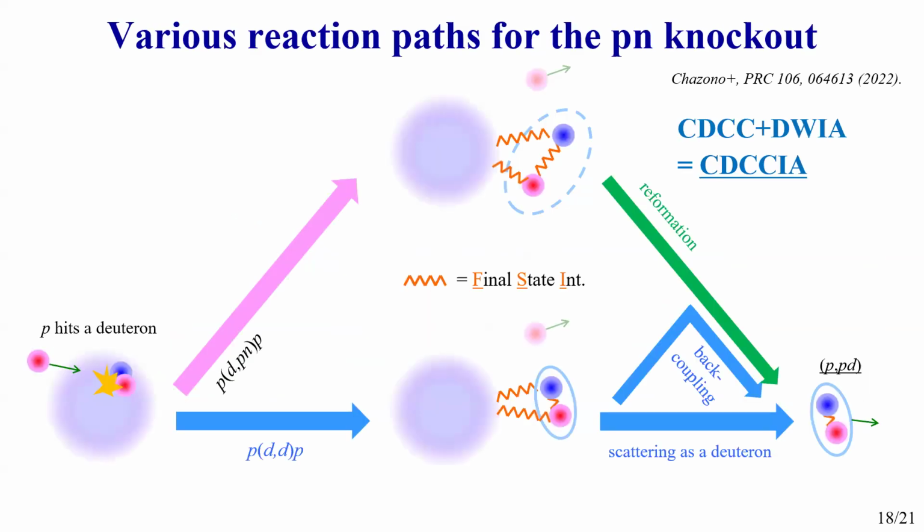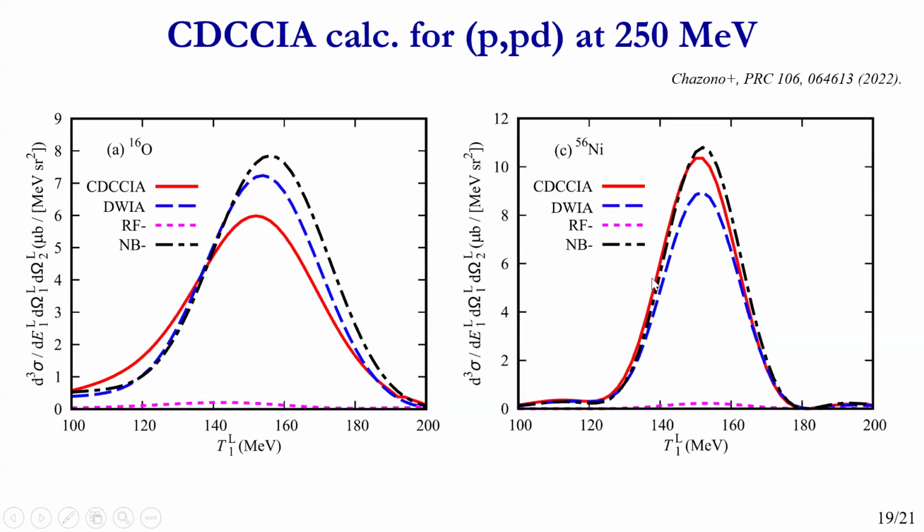But we should be careful about the interference between these two reaction paths. This is a DWIA-like path, and this is a reformation path. And if we take just the reformation path, the cross-section is very, very small.